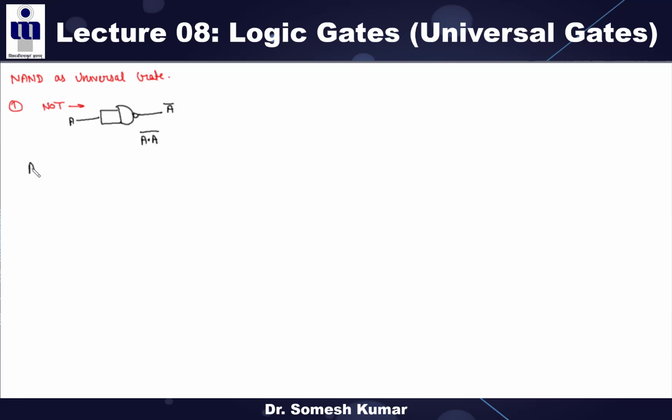What is A dot A? A dot A is basically 1 dot 1 is 1, and A dot A is A. So A bar. So this is your NOT gate. NAND acts as a NOT gate.